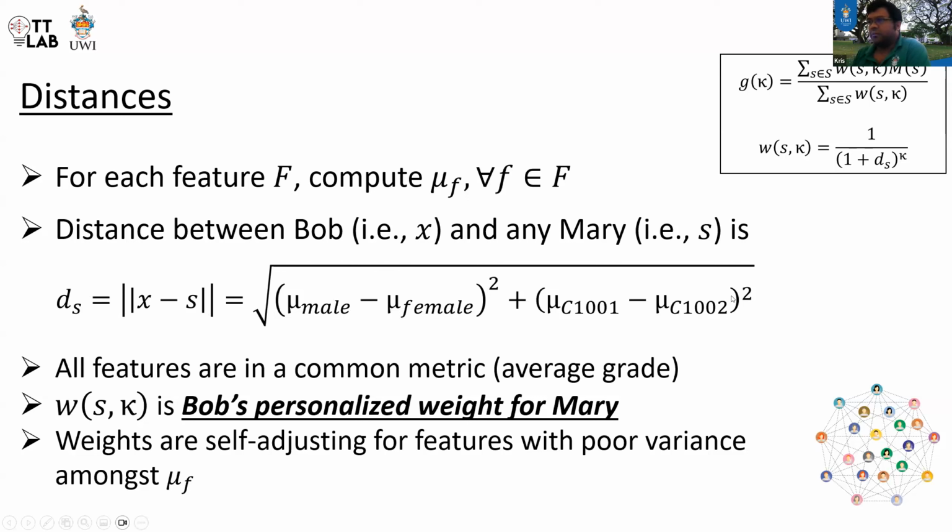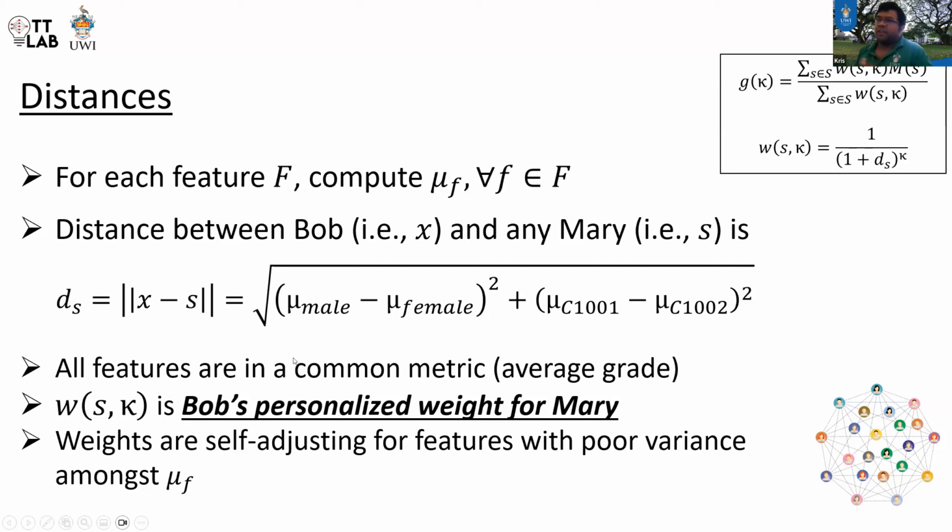And the same thing for courses and any sort of attributes. So the key idea here is that this converts everything into this common metric space, the grade space, so we can now compare and group students fairly. So what essentially happens is that this w_s kappa is basically Bob's personalized weight for some other student, Mary.